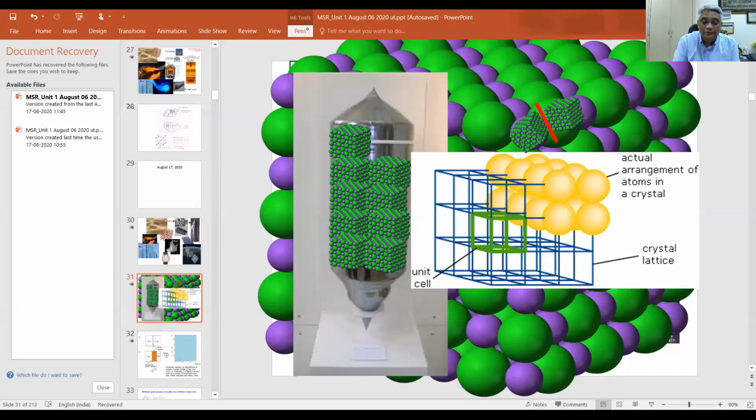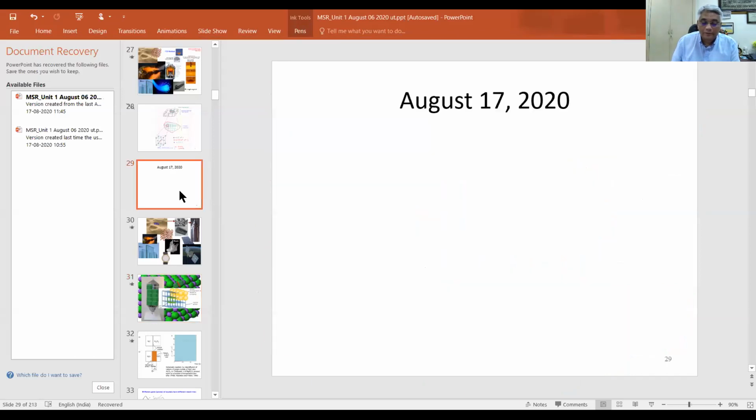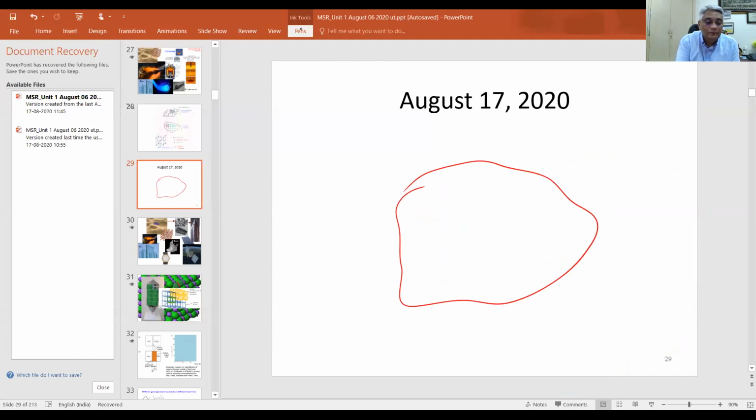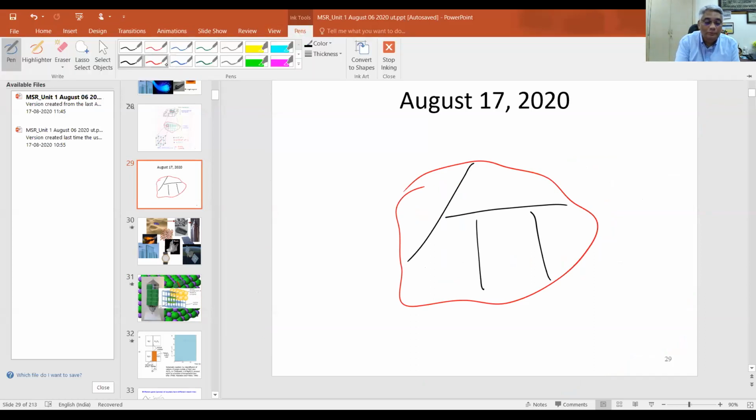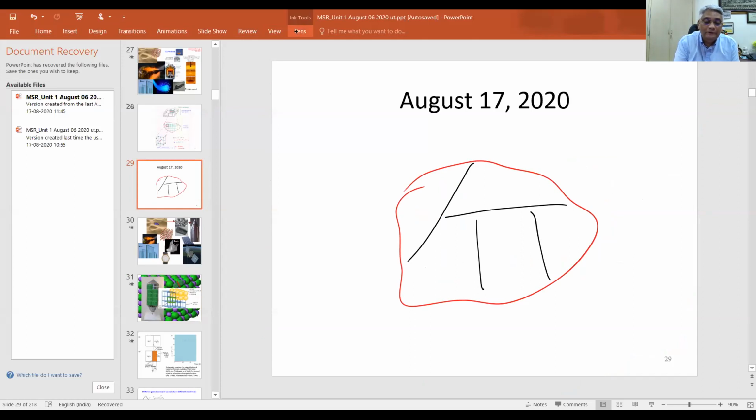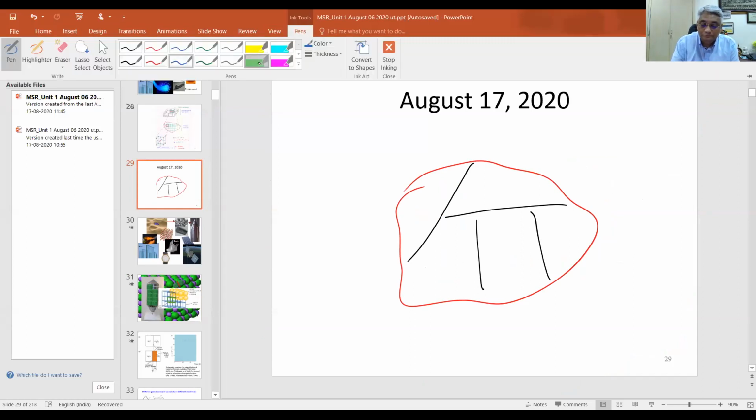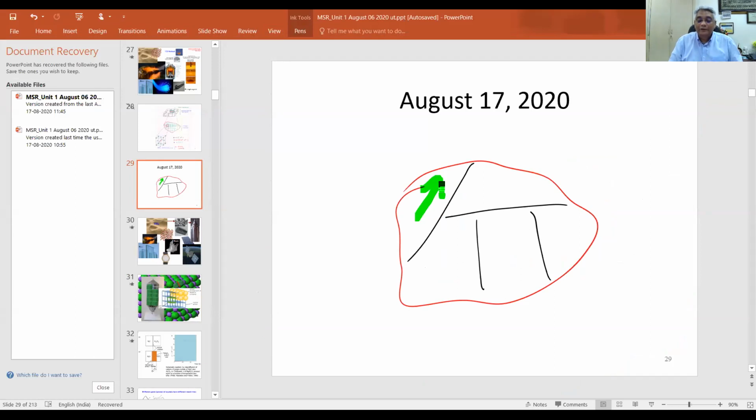So if I'm looking at the granular structure, and the effective electric polarization in this single crystalline grain is in that direction, the neighboring grain could be in that direction, that direction, that direction, that direction.